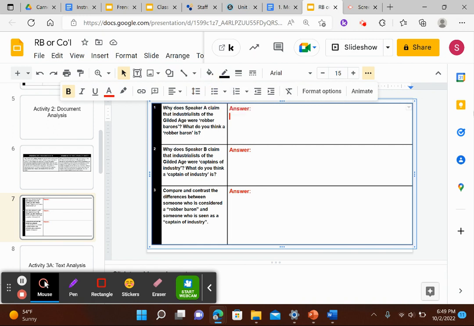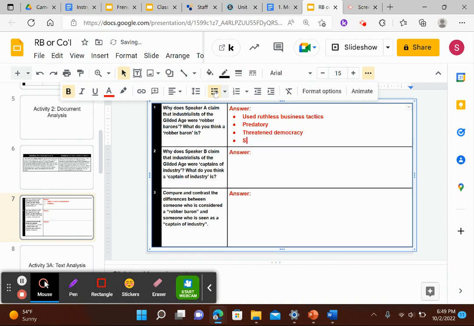So, a robber baron is someone who used ruthless business tactics. They were predatory. They threatened democracy. They were smart. Okay.